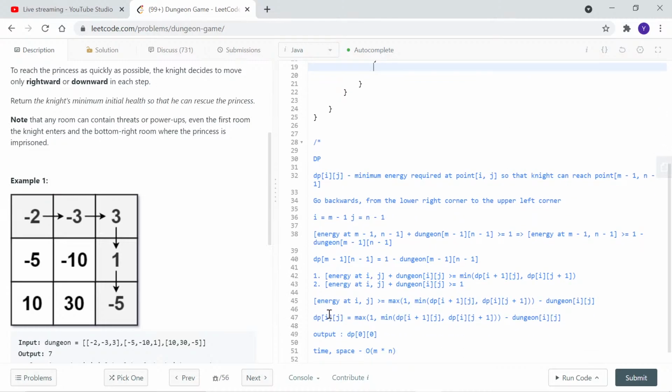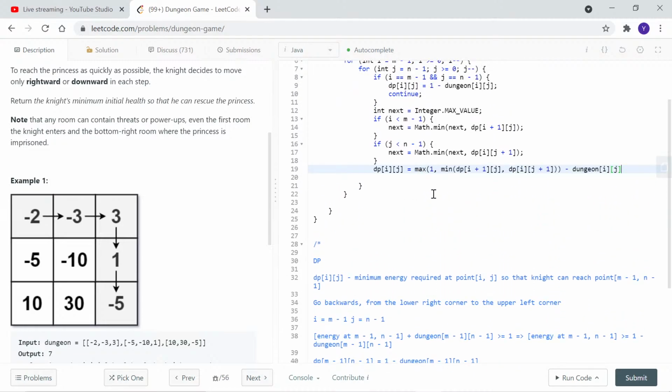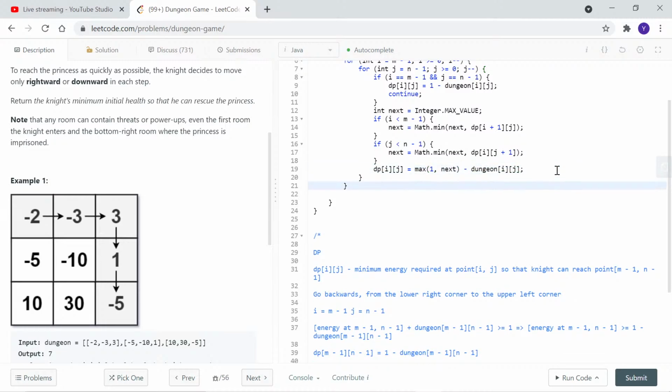Okay, now we can copy this here. This part we already calculated, which is the current value of next. So the dpij actually is this. Then we just return dp00.